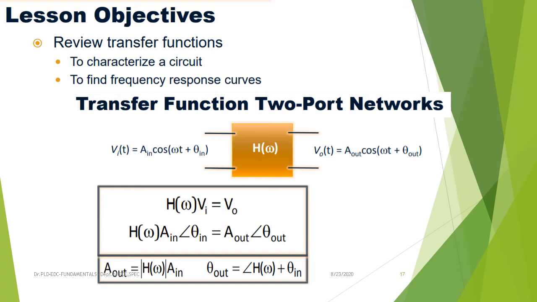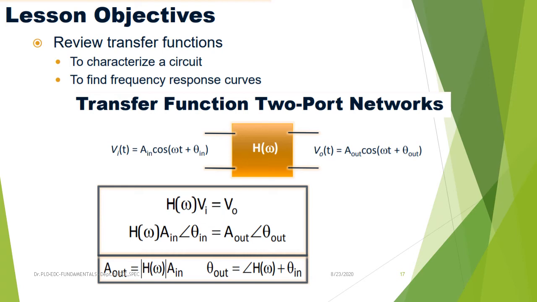That's a one-dimensional representation of the signal. So Vi of t is equal to A_in, the input amplitude of the waveform, times cos(omega t plus theta_in). Angular frequency is denoted here with omega with respect to time, and theta indicates the phase difference.